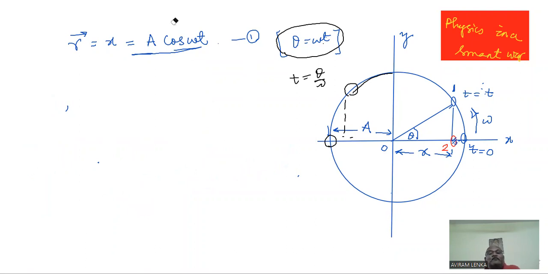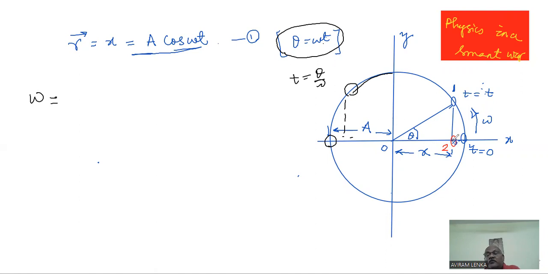If somebody asks you what is omega, then immediately you'll be tempted to say omega is the angular speed of the main body. But at the start, we are taking the help of a prop, considering the main body which is making uniform circular motion, and then the foot of the perpendicular and all those things.